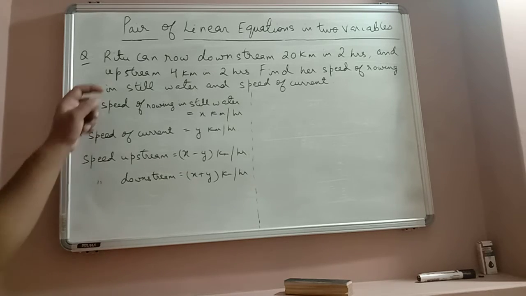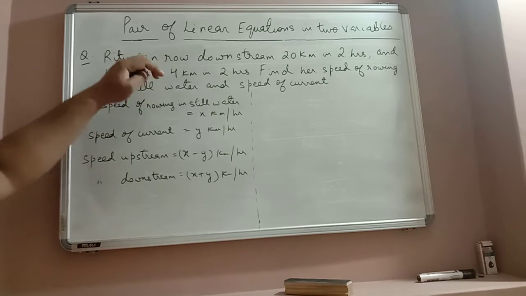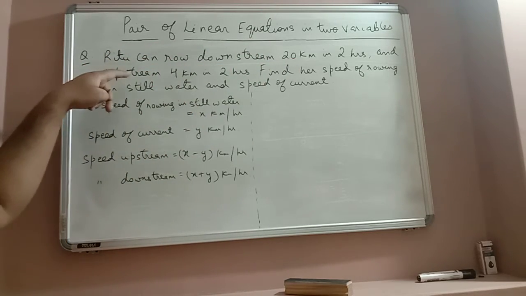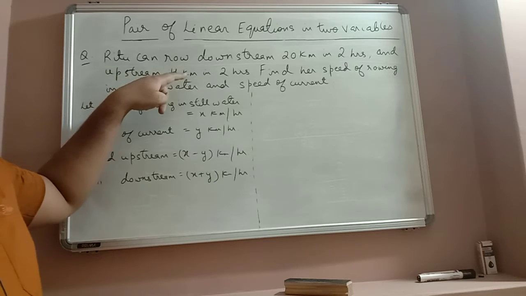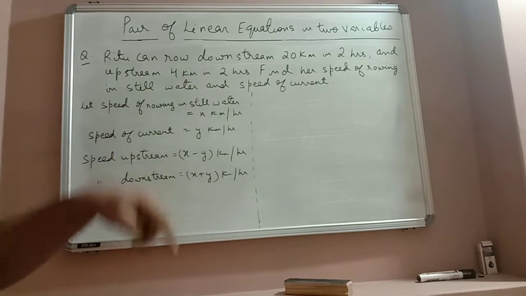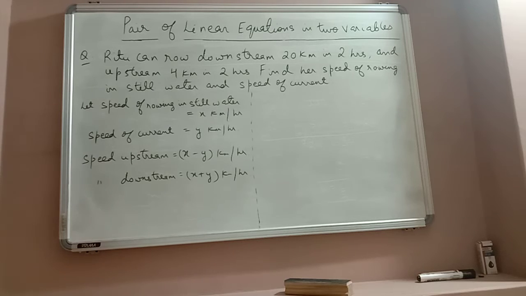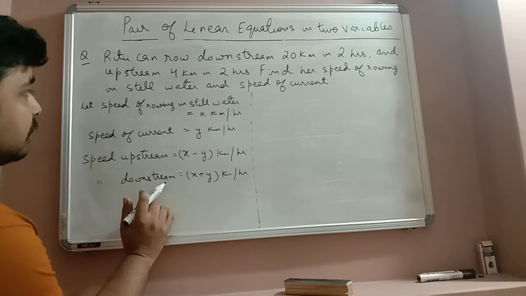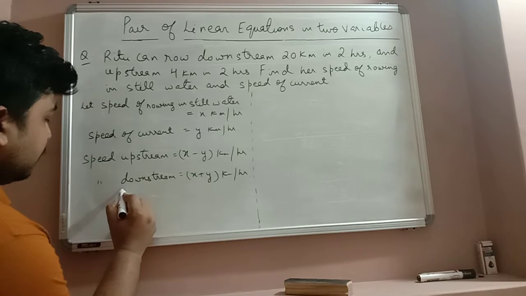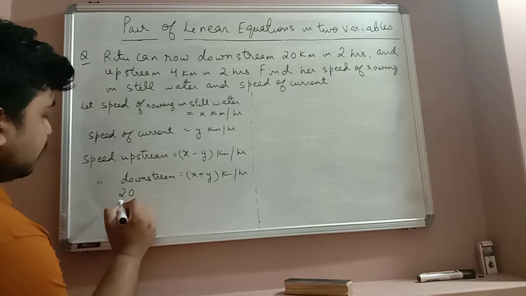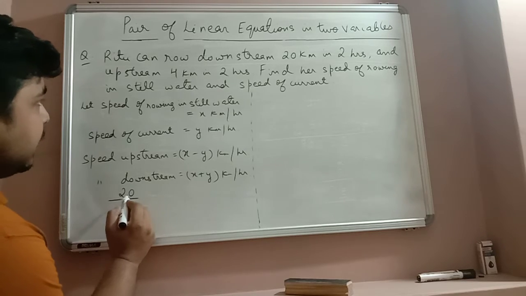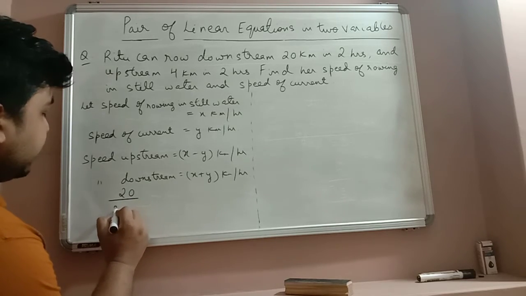Okay, now we can use this information. It says 20 kilometers downstream in 2 hours and 4 kilometers upstream in 2 hours. So we have two equations. 20 kilometers downstream: distance upon speed, 20 kilometers and speed downstream is x plus y.